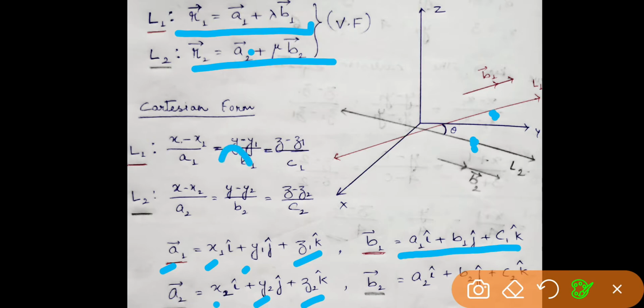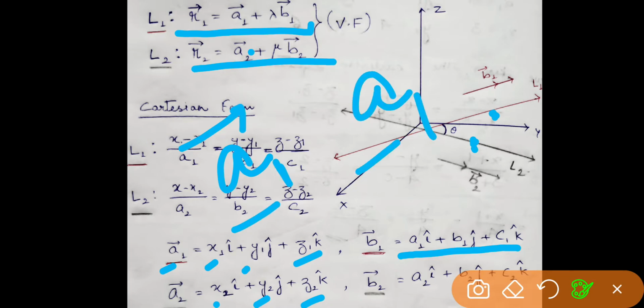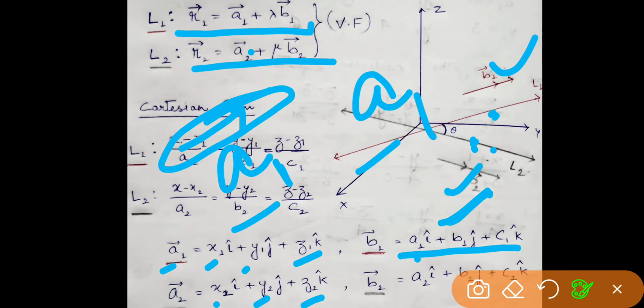Don't confuse between a1 vector and a1. a1 vector is a vector. a1, b1, c1 are the direction ratios here. a1 vector and b1 vector are the vectors which will be on lines L1 and L2, but a1, b1, c1 are the direction ratios of the b1 vector, and a2, b2, c2 are the direction ratios of the b2 vector. So don't confuse between them, they are different.